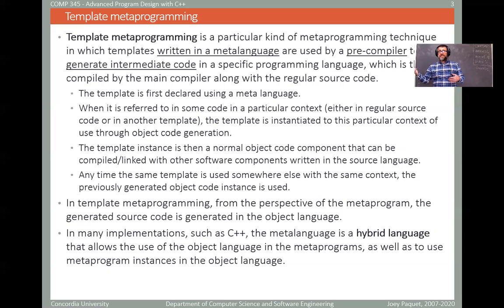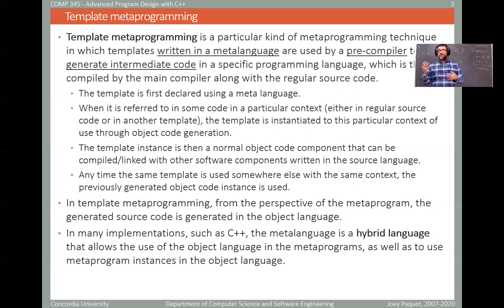That's exactly what happens when you compile your templates in C++. The template declarations or definitions that you have are not C++ programs. The template processor receives them and generates regular C++ classes.